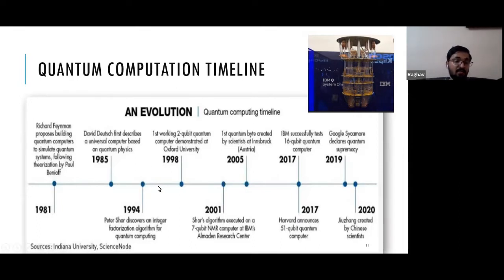But in 1994, there was a breakthrough. Peter Shor discovered an integer factorization algorithm on quantum computers. What it means is that using quantum computers, you can break any cryptographic system.